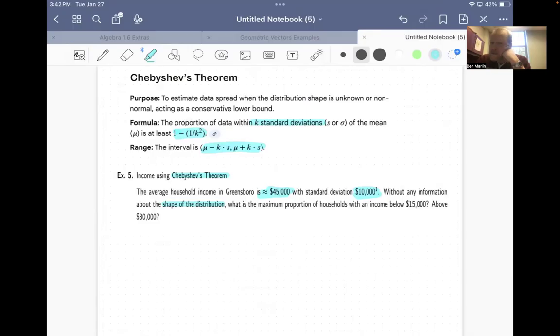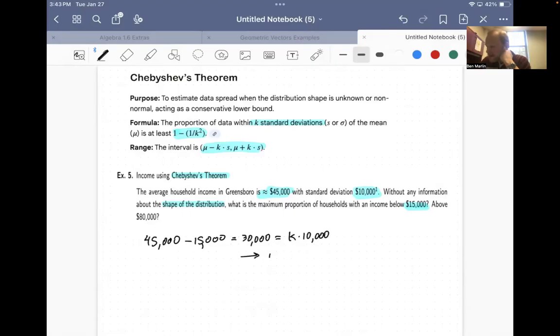What is the maximum proportion of households with an income below $15,000? Okay, so the thing we're going to do with that is to take the $15,000 and the $45,000 and subtract to get $30,000. And then we're going to say, well, how many standard deviations is that? So that's k times the standard deviation, which is 10,000.